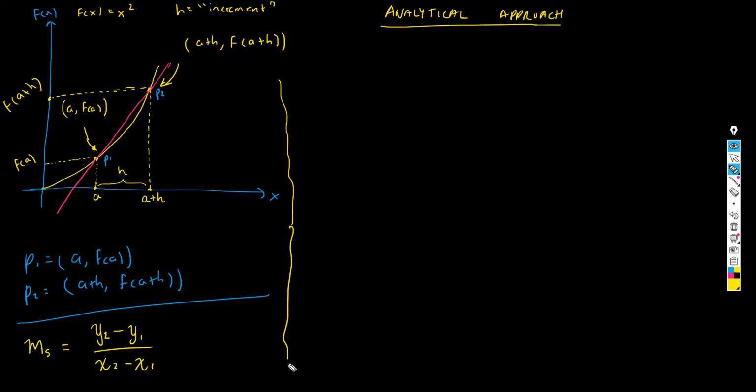I'm gonna continue over here. Okay, now my question is this: do we have those 2 points in the second line? Yes, we have point 1, and we know the coordinates, which are a comma f of a, and we have point 2, and we also know the coordinates a plus h comma f of a plus h. So basically I'm just gonna substitute these coordinates in this formula. So the slope of the second line will be y2, which is this number, right?